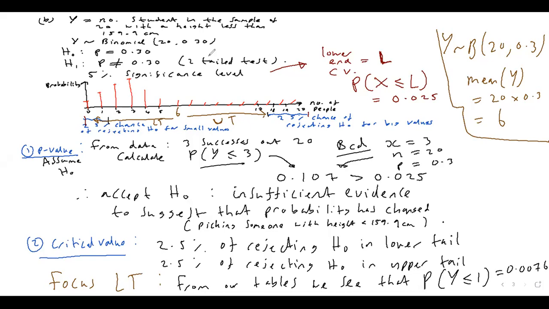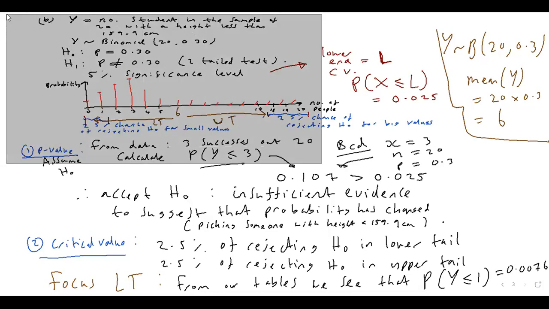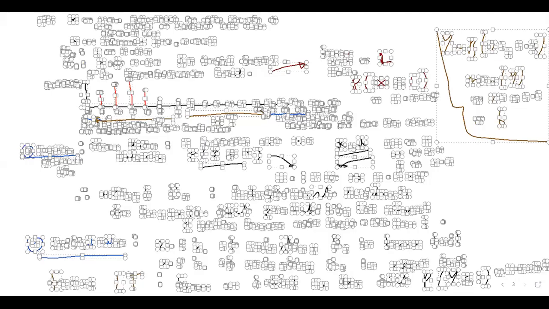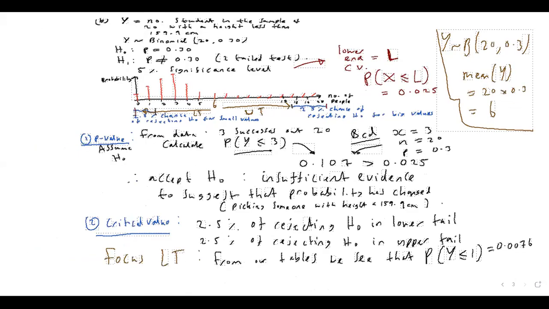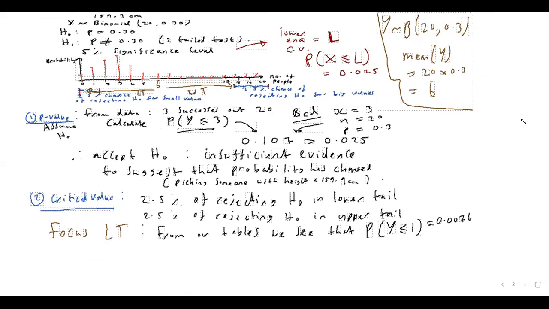So that's 0.0076, so 0.76%. That is less than the significance level in the lower tail, so that's less than 2.5%. So therefore, we can say that 1 success and 0 successes are in our critical region.